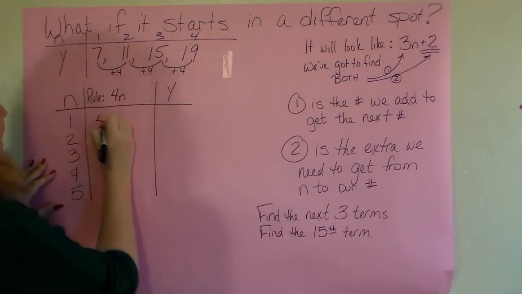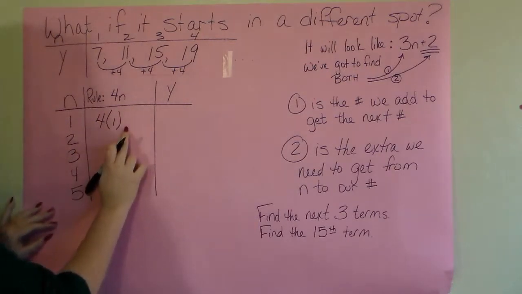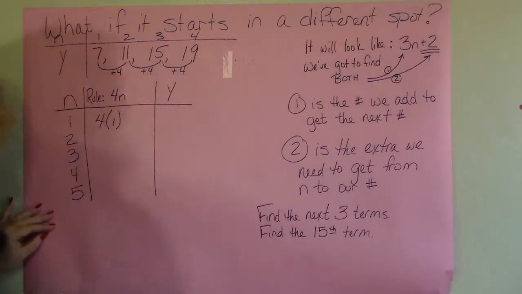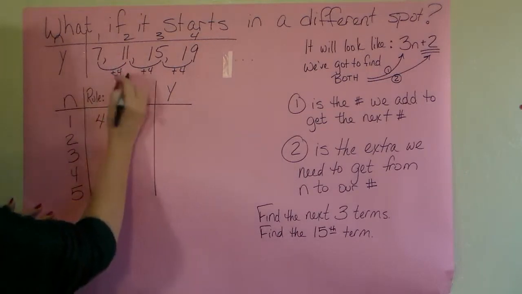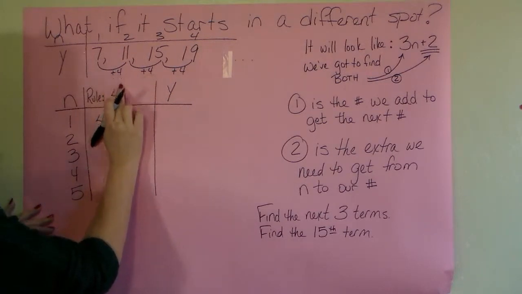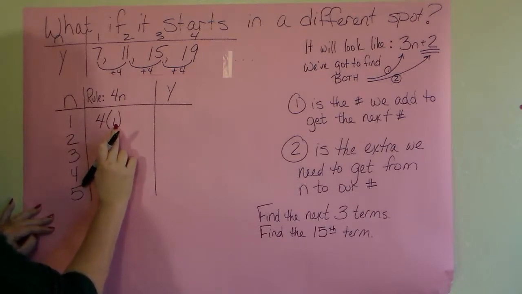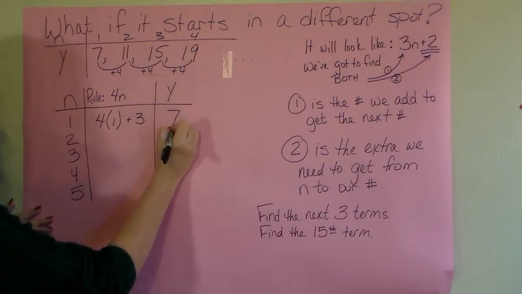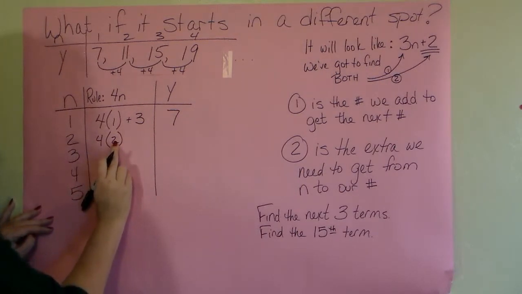Now, if I need to get from here to the answer of 7, what am I going to have to add or subtract? I know it's 4n because this says 4. So I'm going to start with 4n. So 4 times 1 is 4, but I have to get to 7. That's plus 3. 4 times 2 is 8.